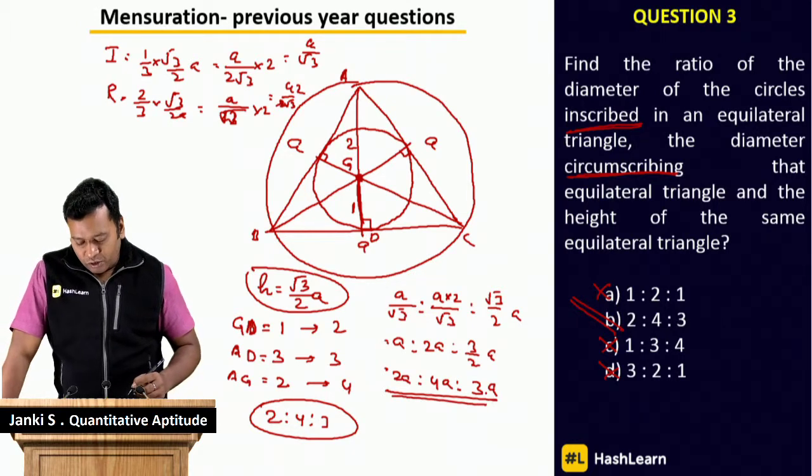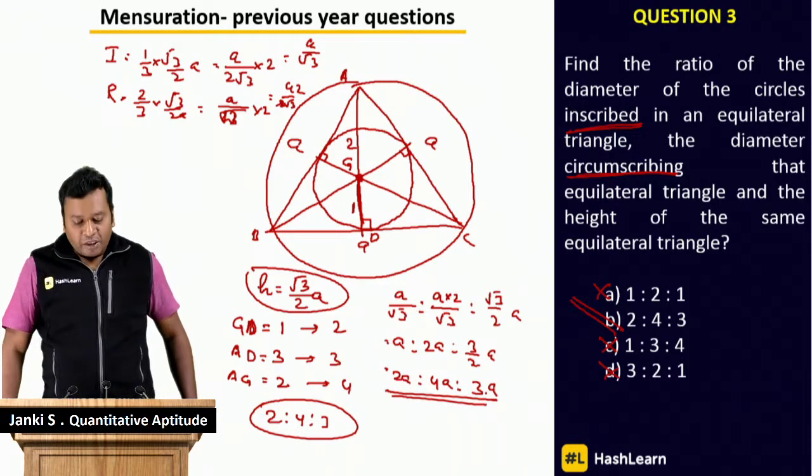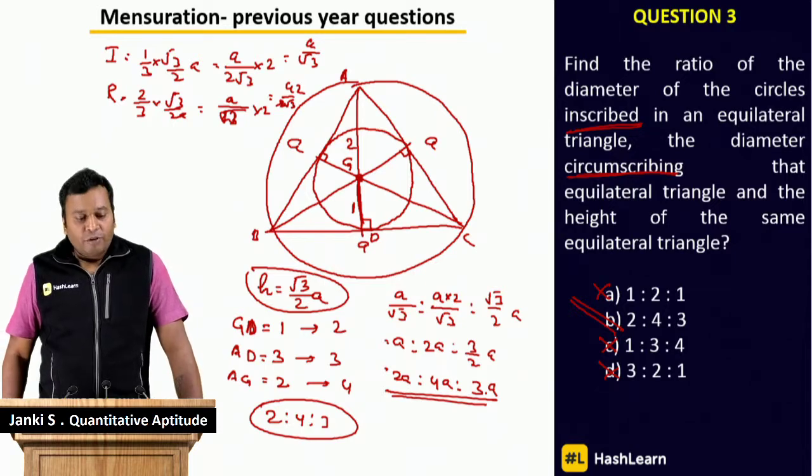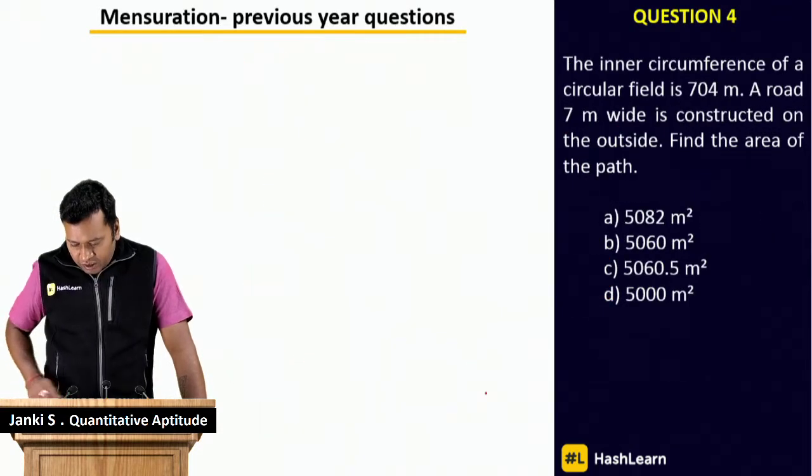So that means then the ratio 2:4:3. बट इतने करने की जरूरत नहीं है, अगर आपको फॉर्मूला पता नहीं है तब भी आप मैनेज कर सकते हैं.